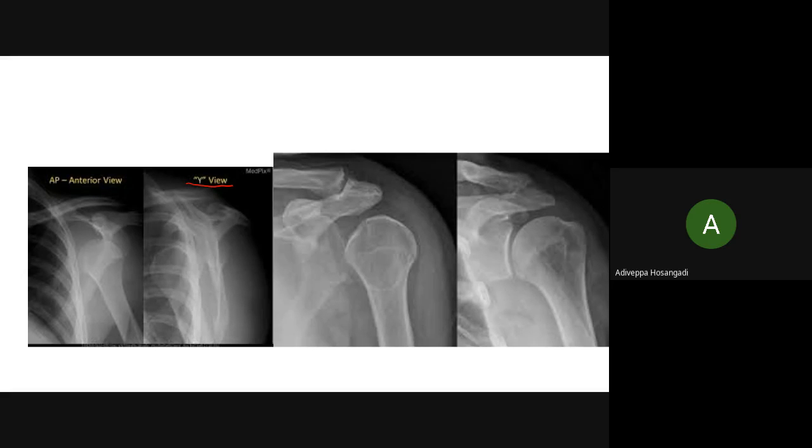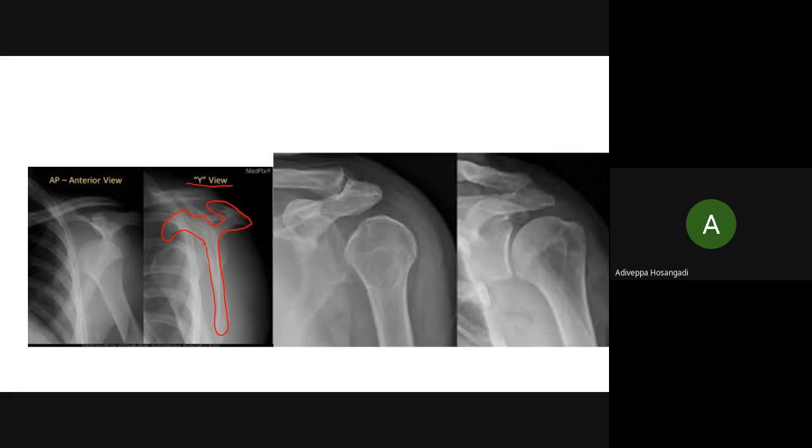See why it is called scapular Y lateral: look at the diagram of the scapula here. Look at this. It is looking like a Y, isn't it? You have to take a Y lateral view where the scapula looks like a Y. So what is this?